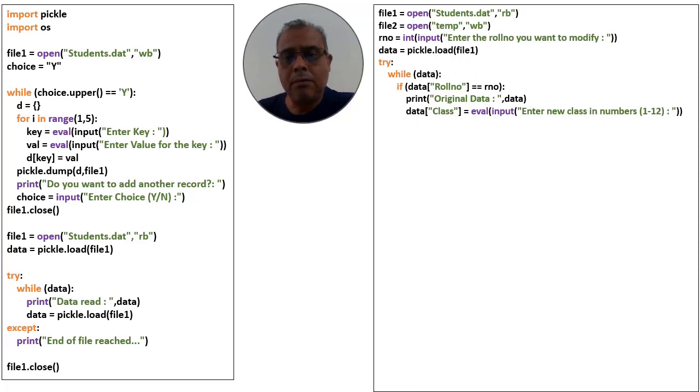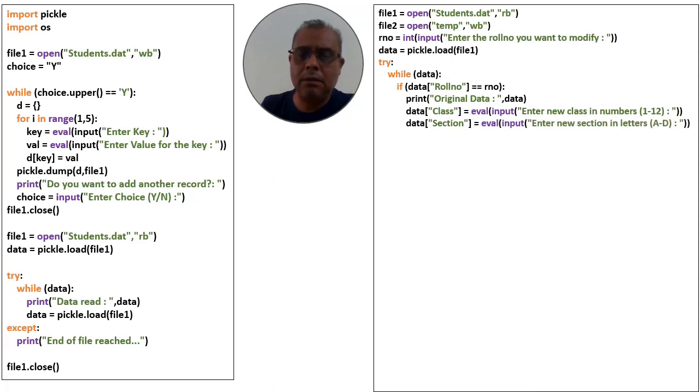And then we are going to enter a new set of data. We are going to enter the class and the section, and these two things we are going to modify. The rest of the things we are leaving the same.